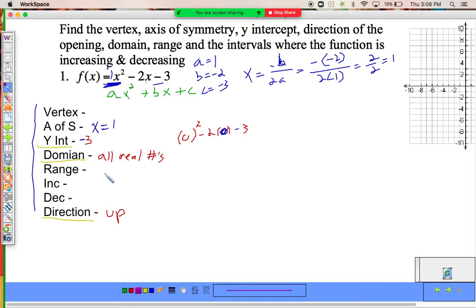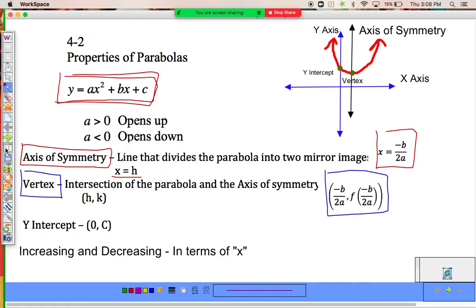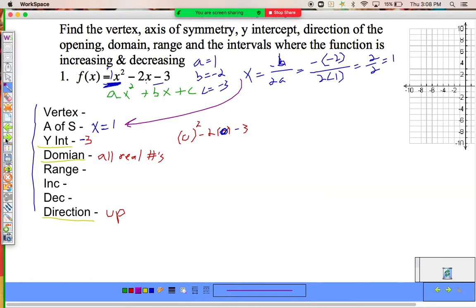Yes, this math right here tells me my axis of symmetry, because we said my equation for my axis of symmetry is x equals negative b over 2a. So I take negative b divided by 2 times a, which is a +2 over 2 times 1, which is 2. I get an axis of symmetry of x equals 1.